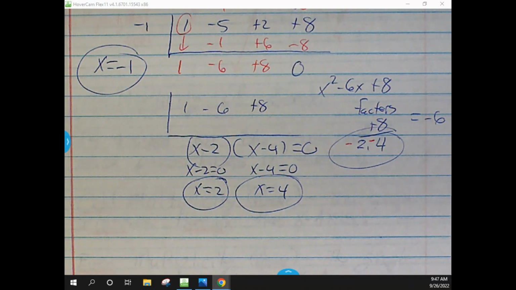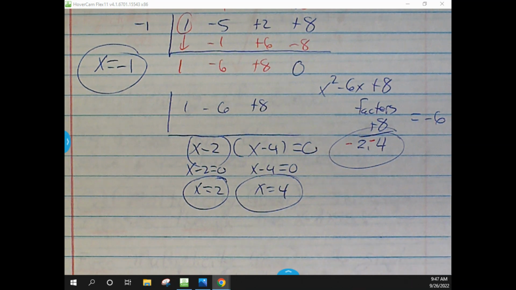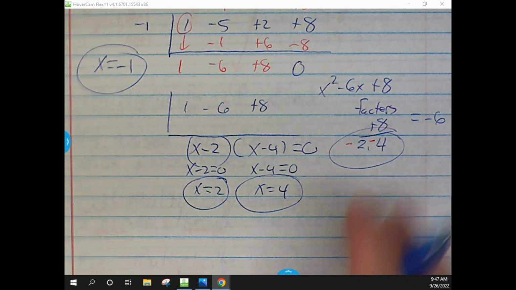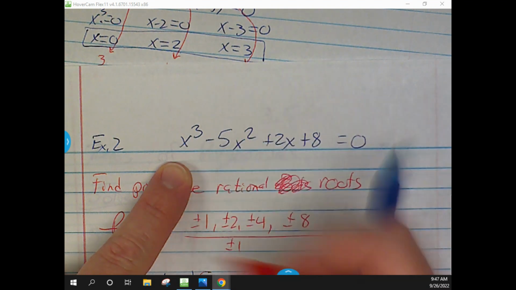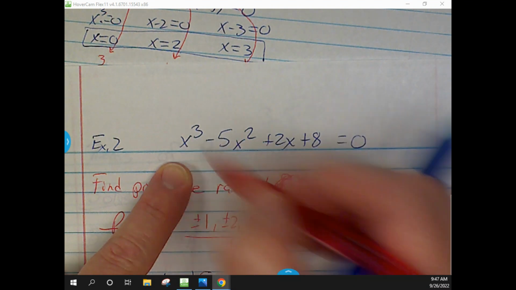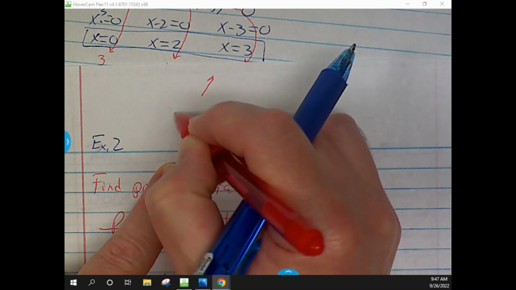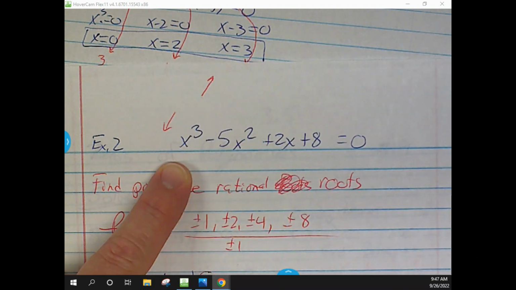All right, now, once you got your solutions, you need to kind of go back to the beginning and see which way the graph's going to go. What are you going to do here? It's x to the third, and so far, everything x to the third has kind of followed this same pattern. If it's x to the third, one side's up, one side's down, it's positive, so the right side should be going up, left side should be going down.